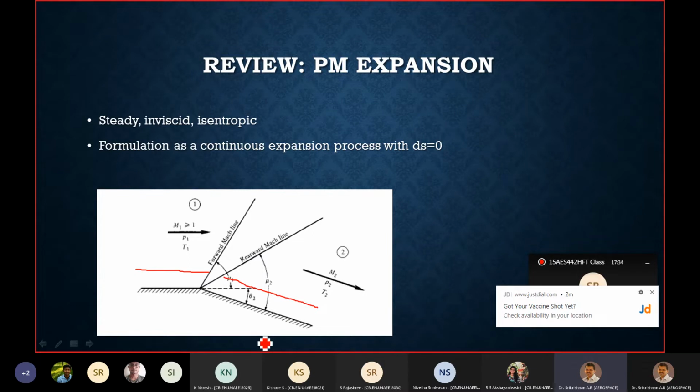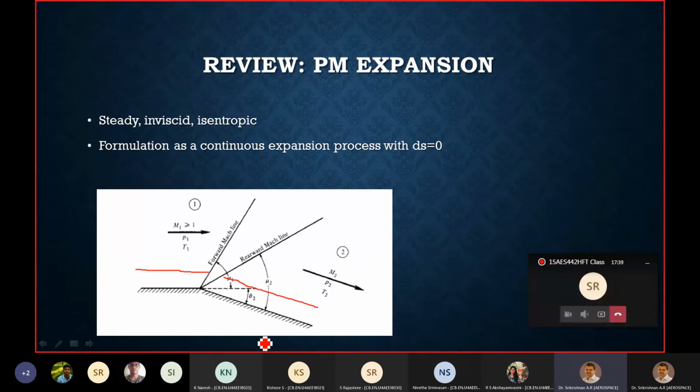Based on this formulation, we could relate all this through a small geometric construction as well as the application of the continuity and momentum equations.